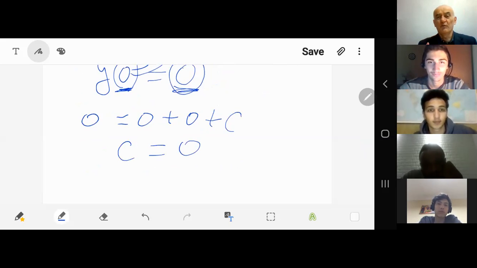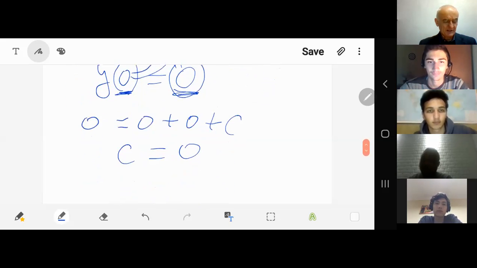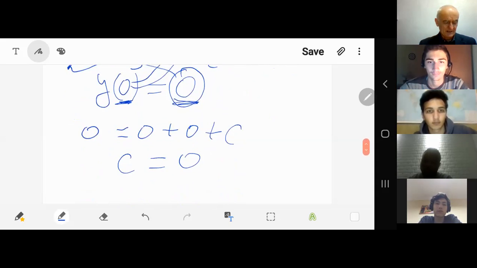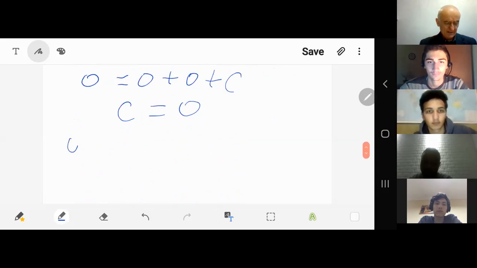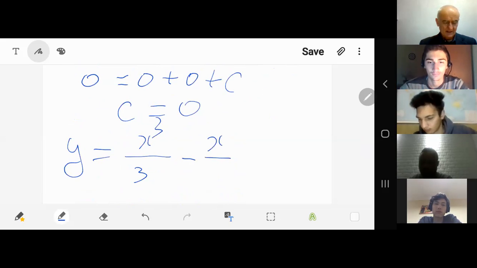Now I know what C is, and I can write down one particular solution. This particular solution is y equals x cubed over 3 minus x squared over 2.